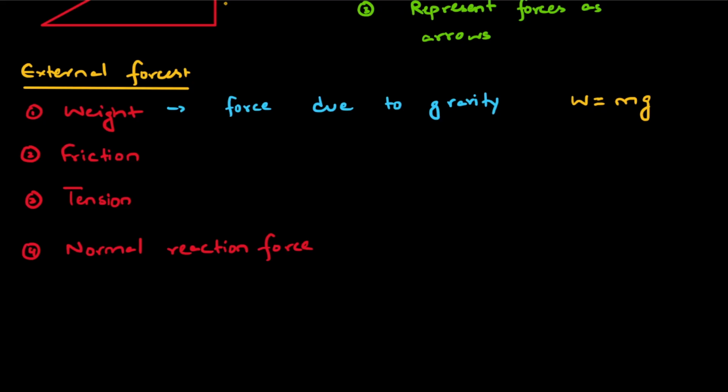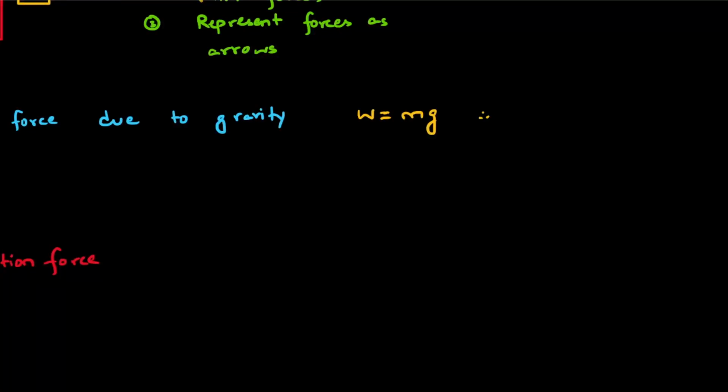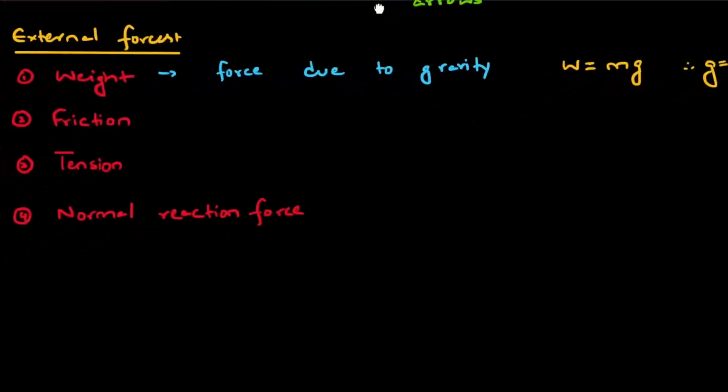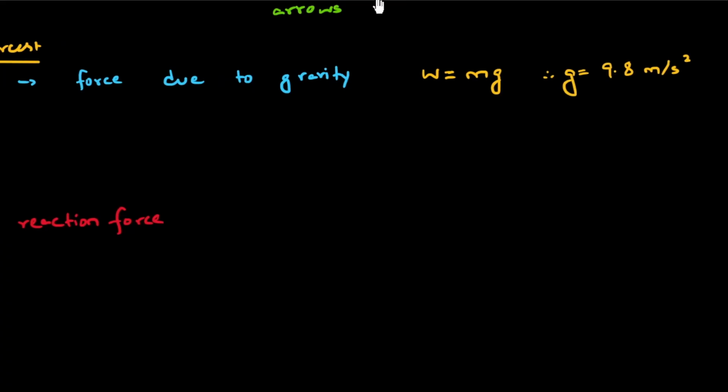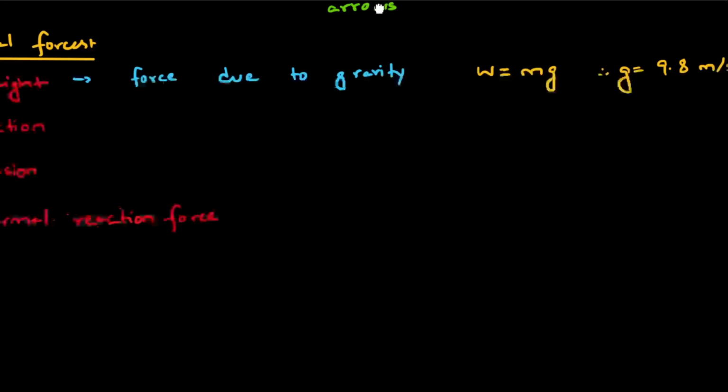So g is equal to 9.8 meters per second squared. m represents the mass of the object. So say you have an object of 10 kilograms, then its weight would be 10 times 9.8, which gives you 98 newtons.